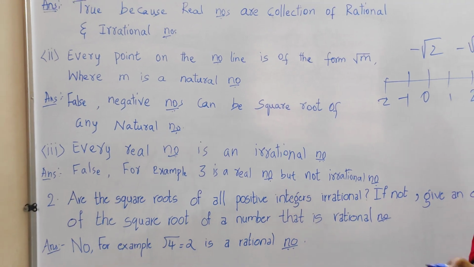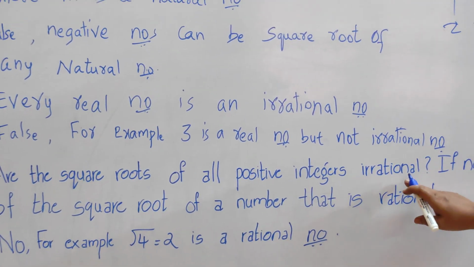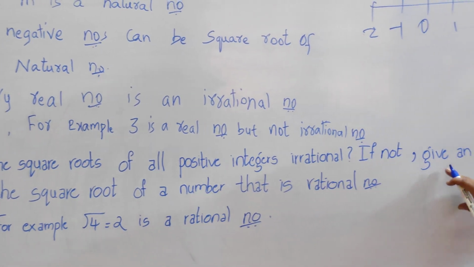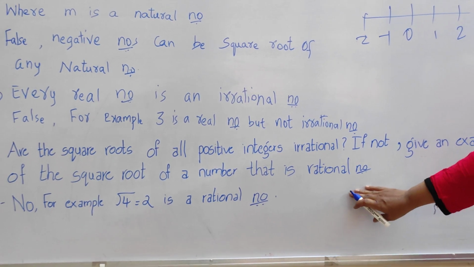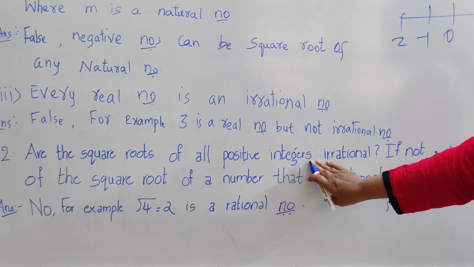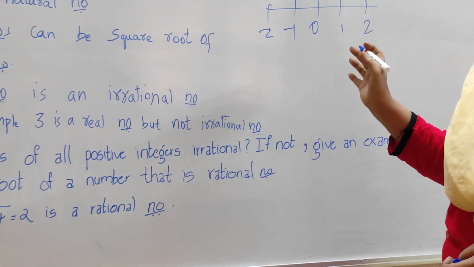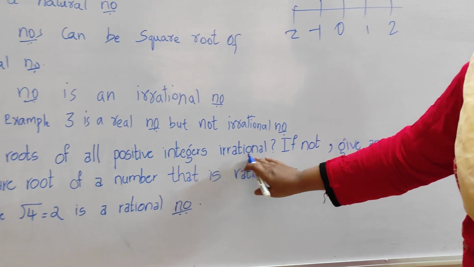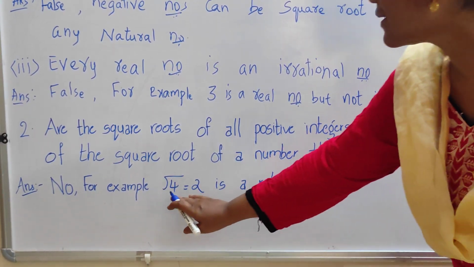Now let us go to the second main question. Are the square roots of all positive integers irrational? If not, give an example of the square root of a number that is rational. So all the square roots of positive integers are irrational, they are saying. What are the square roots? Say root 2, root 3, root 4. Root 2 may be irrational, root 3 may be irrational, but root 4.